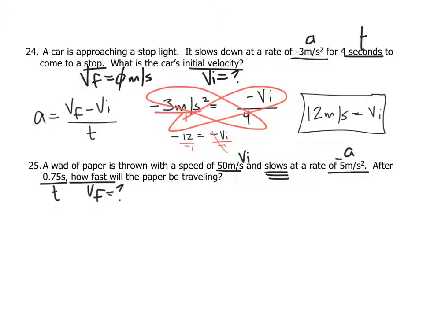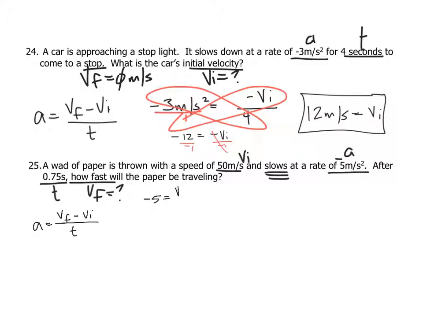Okay, so A, VI, VF, and T, same equation as above. Where A is negative 5, it's because it's slowing down.